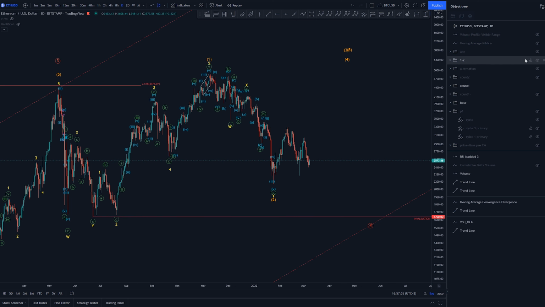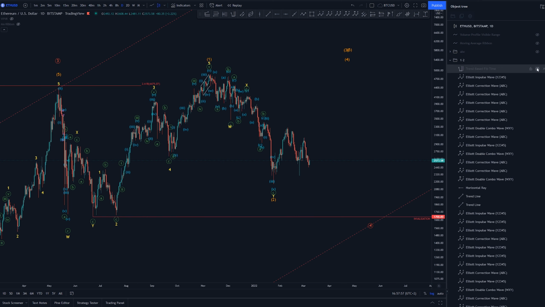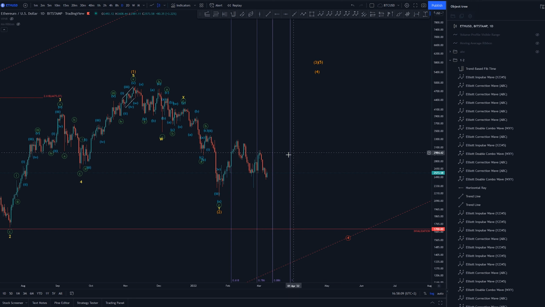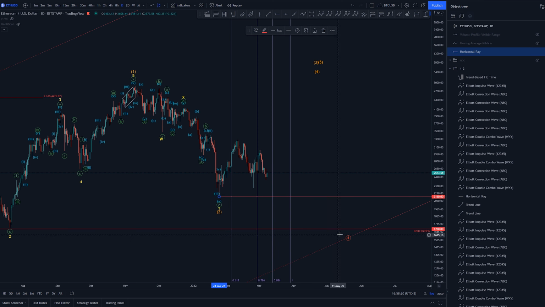Depending on what's shown by time analysis, the wave 2 usually ends around these time frames. Now this has been faster than that, but this is still a valid count. If we want to make this the end of wave 2 of this intermediary degree, we need to hold this pivot here around 2160.